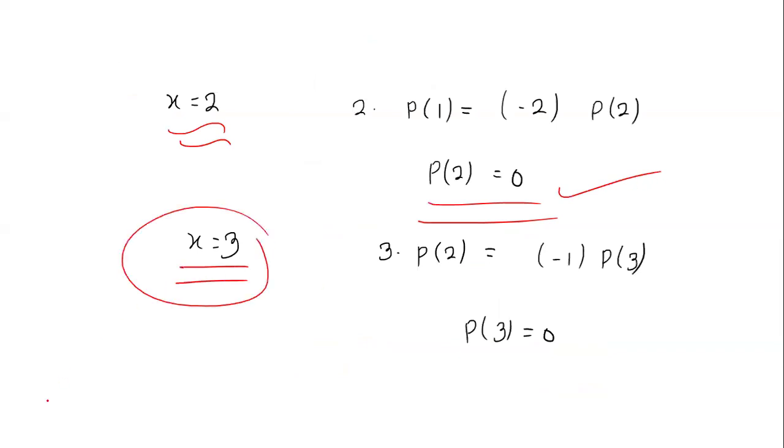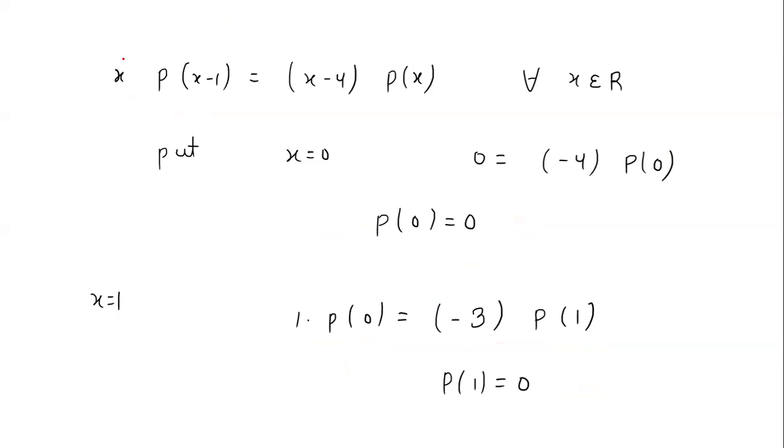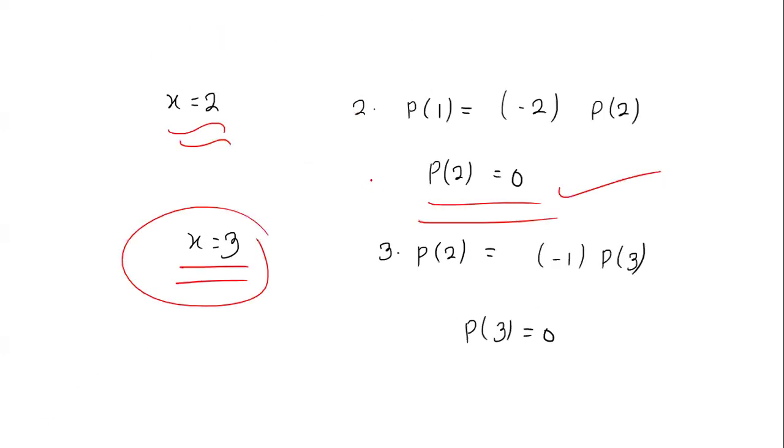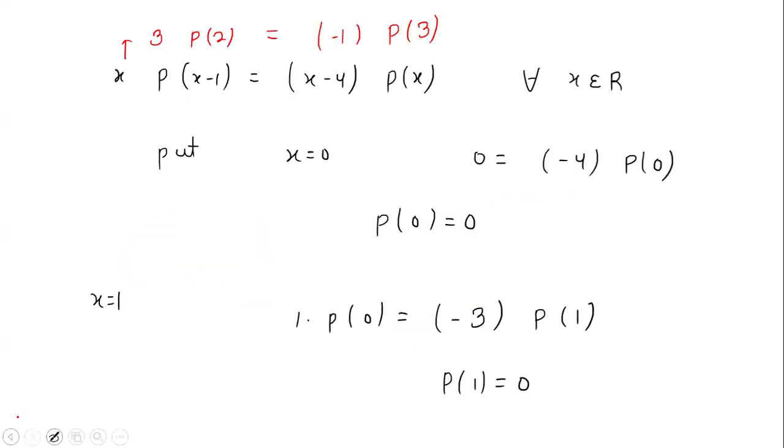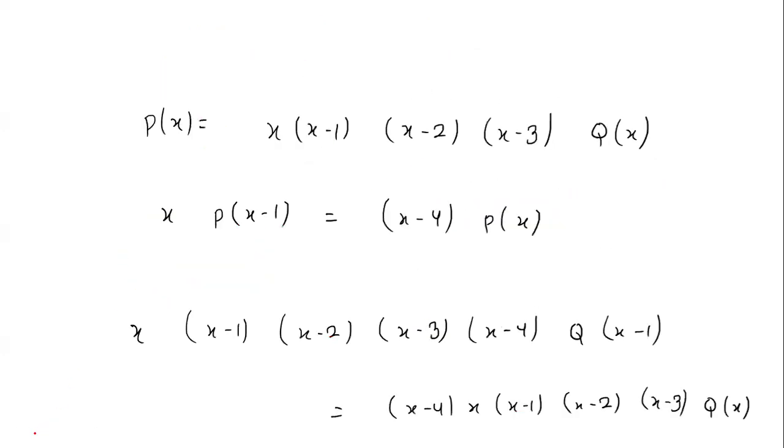And if you put x is equal to 3, then we get 3 times p of 2 equals minus 1 times p of 3. So now we know p of 2 is 0, so we can also get p of 3 as 0. So now we know p of x has at least 4 roots, which are x equals 0, 1, 2 and 3.